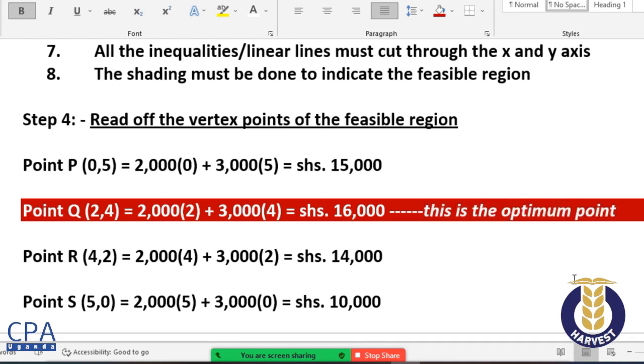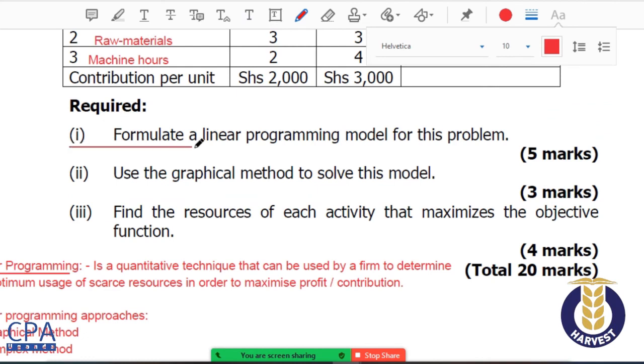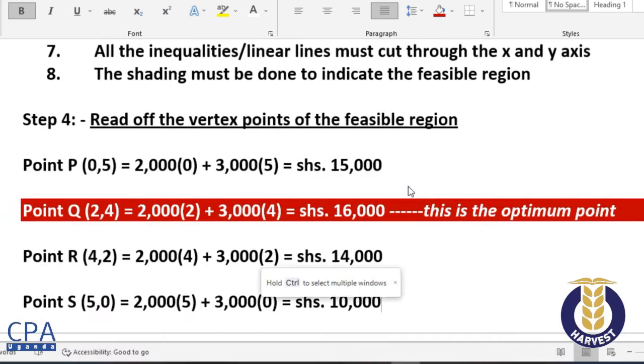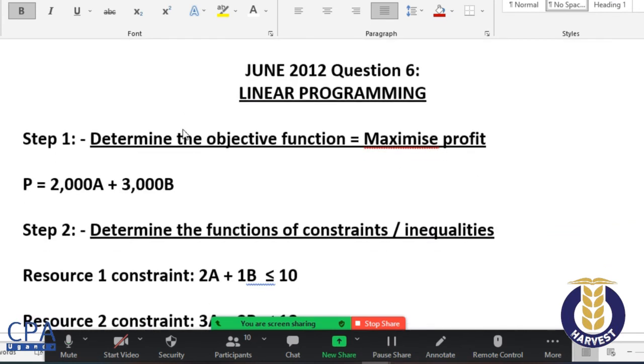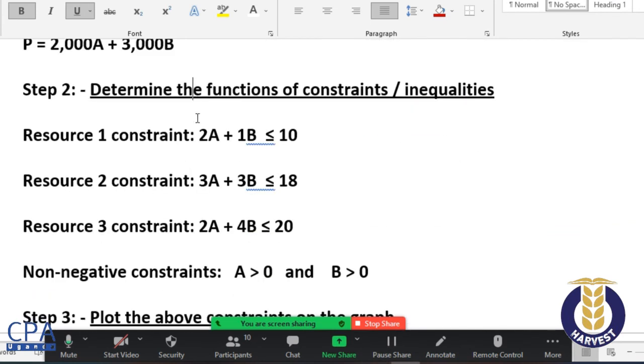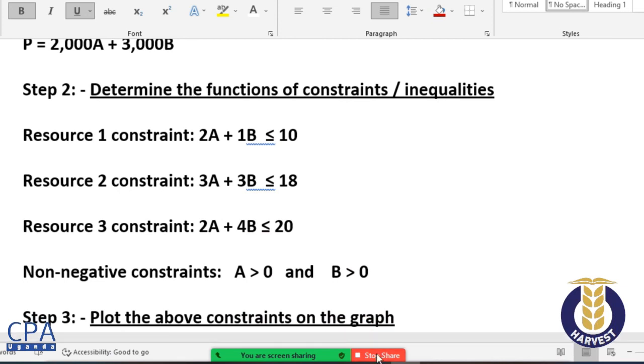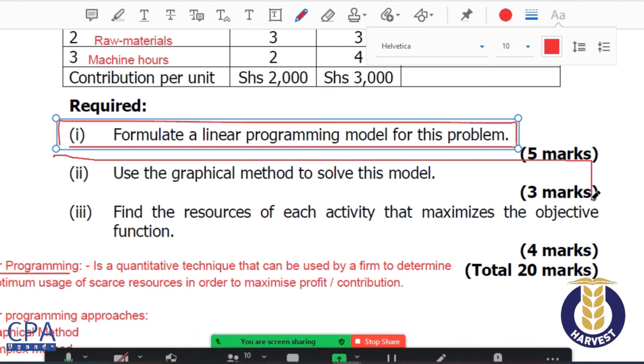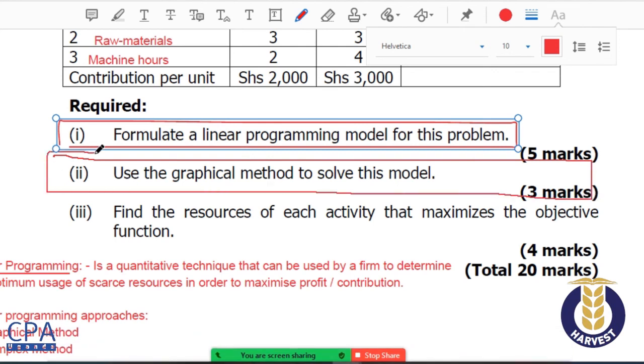So as the examiner required us to do, in Roman 1, we were required to formulate the linear programming model of the problem. Steps 1 and 2 give the linear programming model, the objective function and the equations of the constraints. So we have answered that. Roman 2 of the question, they want us to use the graphical method to solve the model. That is what we have done. We have plotted the graph, looked for the vertex points, substituted in the objective function, and we have got the point of maximization.